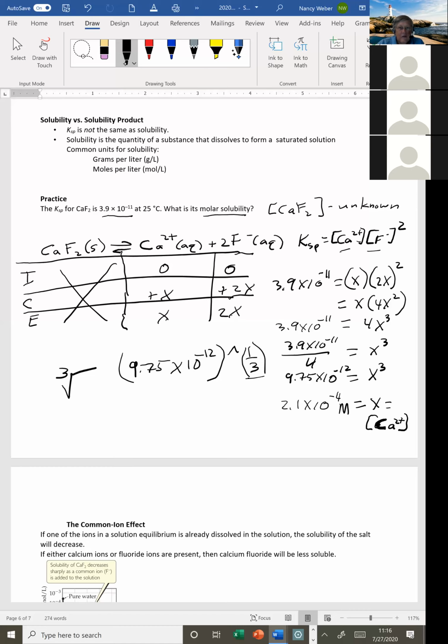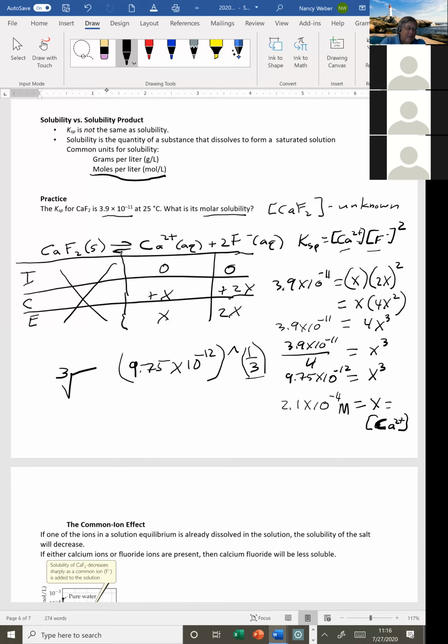What would the units be for the molar solubility? Molarity. We're going to do molar solubility is moles per liter. And I'm going to stick to molar solubility. To get the grams, you would multiply by formula weight.